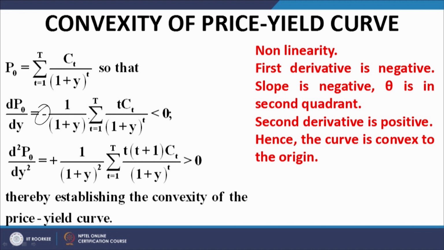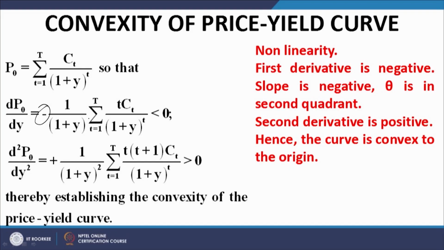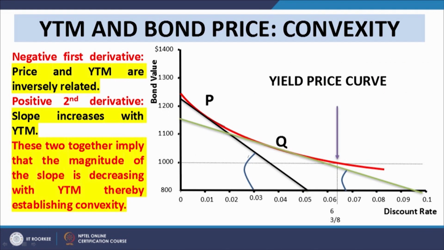And if you work out the second derivative of price with respect to the YTM, you find that it is invariably positive. The two things combined together tell us that the curve is downward sloping and has a certain amount of curvature. It is not linear. Had it been linear, the second derivative would have been 0. So, regarding YTM and bond price convexity, the negative first derivative means price and YTM are inversely related, the slope is negative, and the curve is downward sloping.